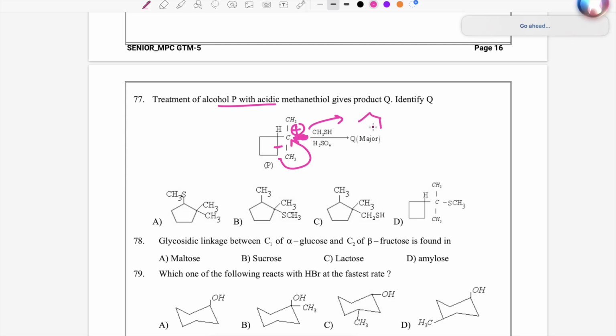That means it will be forming a four carbon compound, a pentagon compound is forming. It has 2 CH3 and now a positive charge here. The nucleophile will attach on it. So the product would have these 2 methyl groups here and this CH3 attached here. Yes, H plus, yes, CH3 will be attached here. So this is the answer for this question.